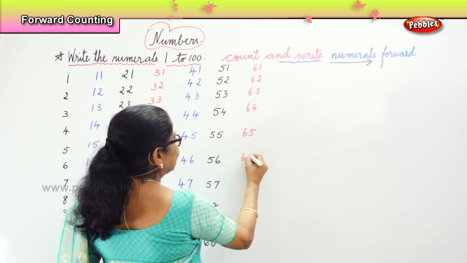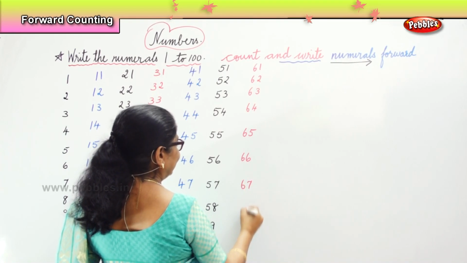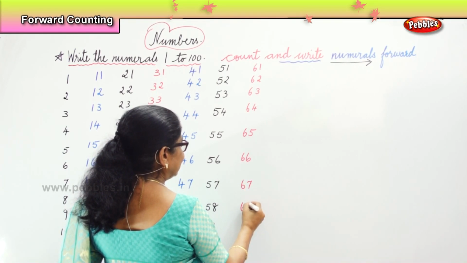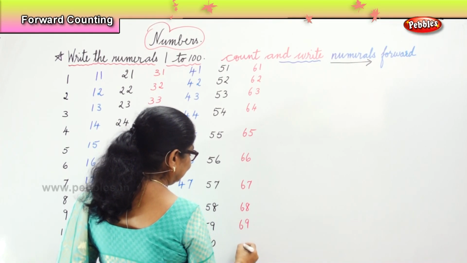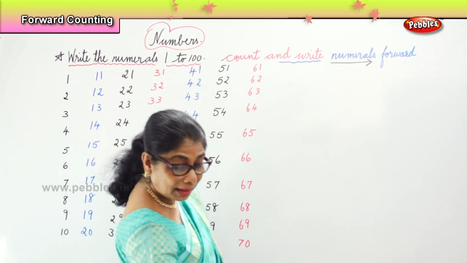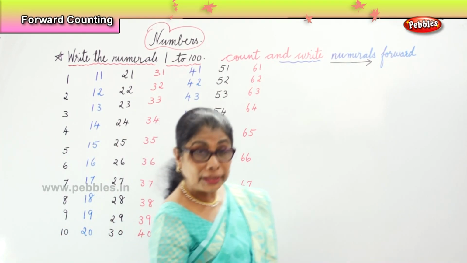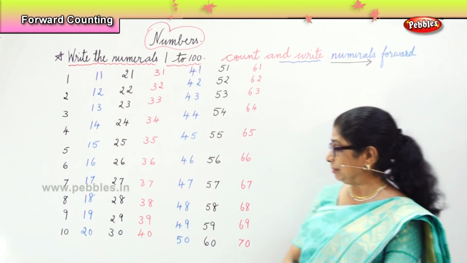Good. 66. 67, 68, 69, 70. We counted and we wrote numbers forward 1 to 70.